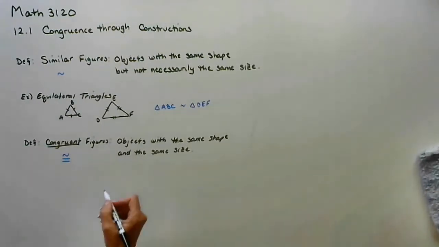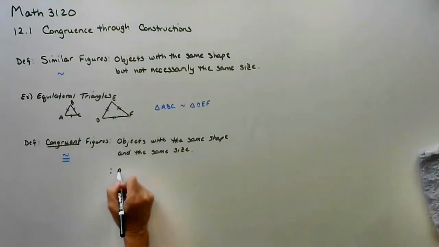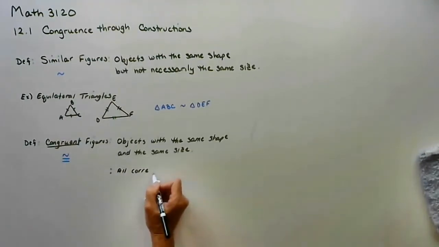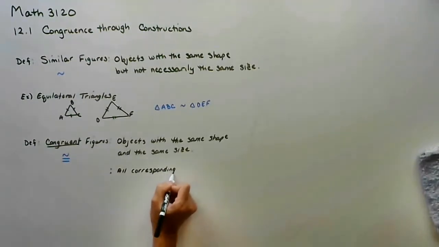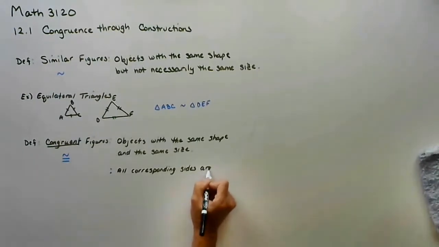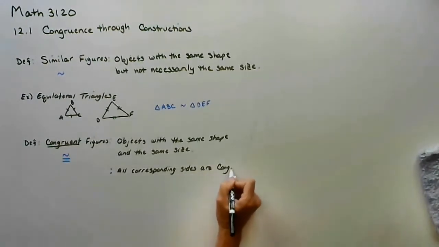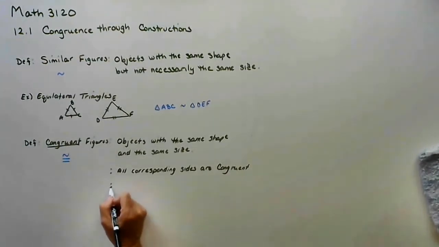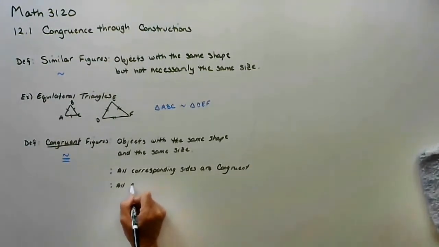That means all corresponding sides are congruent. And all corresponding angles are congruent.